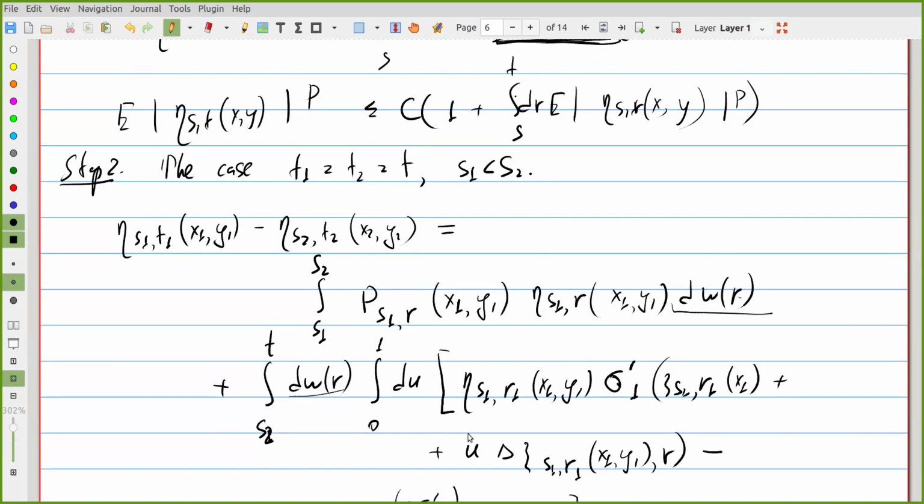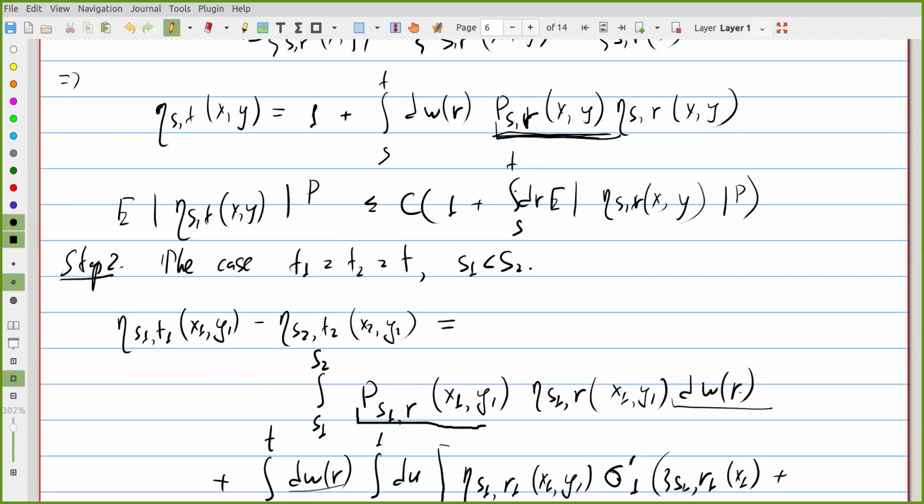Now, I1 is not a problem because this is bounded. This is also bounded in LP.